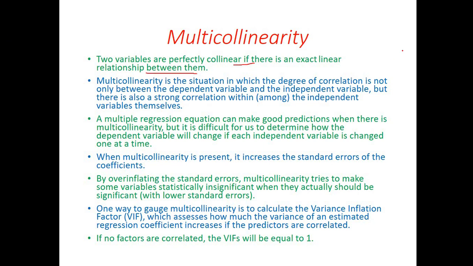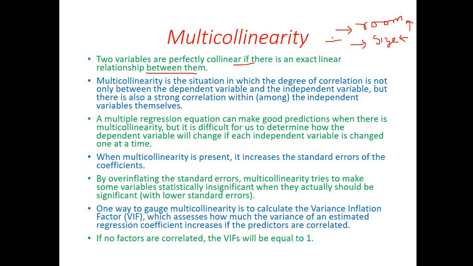For example, in our house price problem, if you consider two parameters like the number of rooms and the size of the house, they are related to each other, because if the number of rooms is increased, it might increase the size of the house also. Similarly, if the size of the house is increased, the number of rooms is also increased.